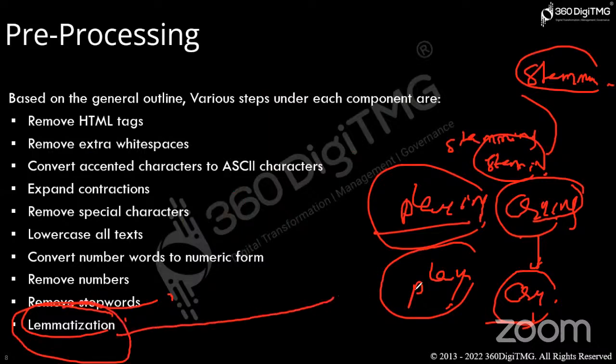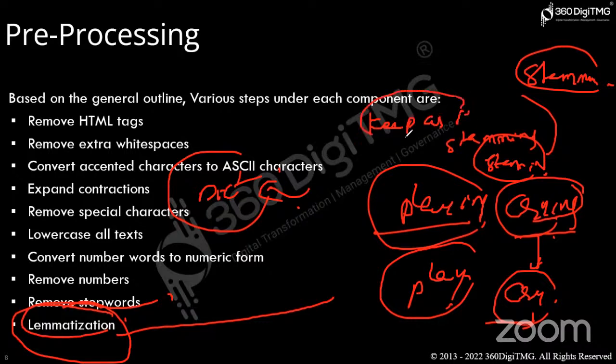Lemmatization, what does lemmatization do? It will look into the library dictionary. Whatever word we are stemming, is it present in our dictionary or not? If it is present, it will keep it as it is. But if it is not present in our dictionary, it doesn't make any sense.